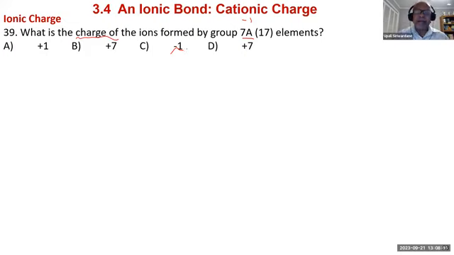That's the correct answer. From the periodic table, you can look at the group number and decide whether it is forming a cation or an anion and what charge it will be formed for main group elements. The answer is C, 7A. 7A produces negatively charged ions.